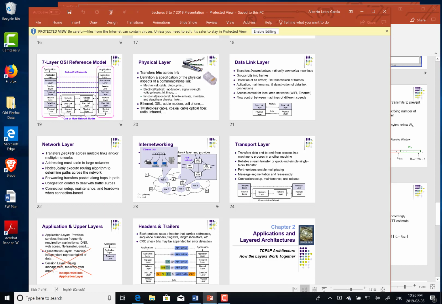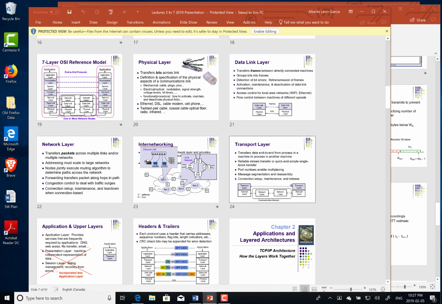A particular case of the network layer is the internet layer, where packets traverse a network of networks, an internet, to connect two different computers. On top of the network layer is the transport layer. The transport layer is an end-to-end protocol, in that the protocols reside only in the end system machines, not inside the network.